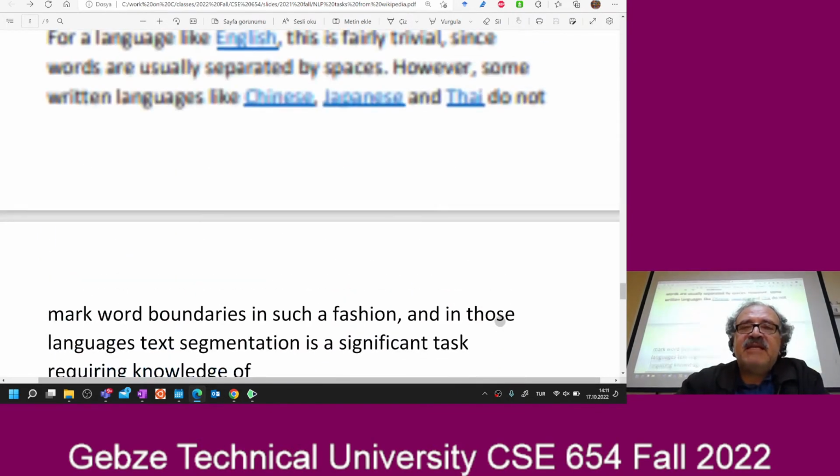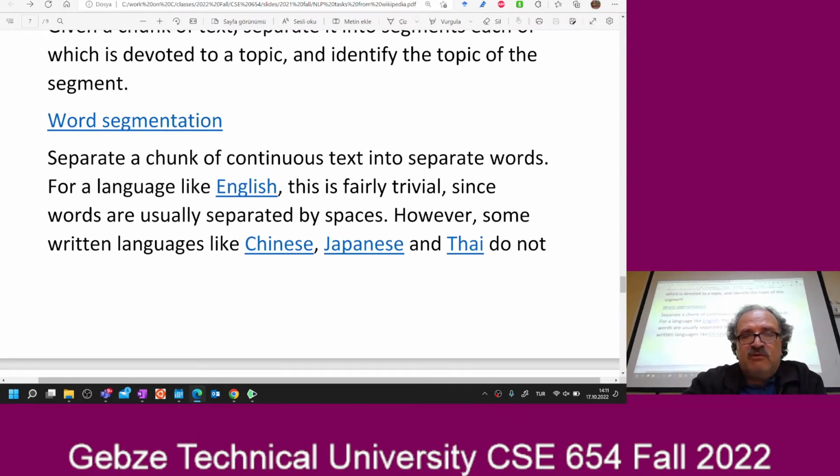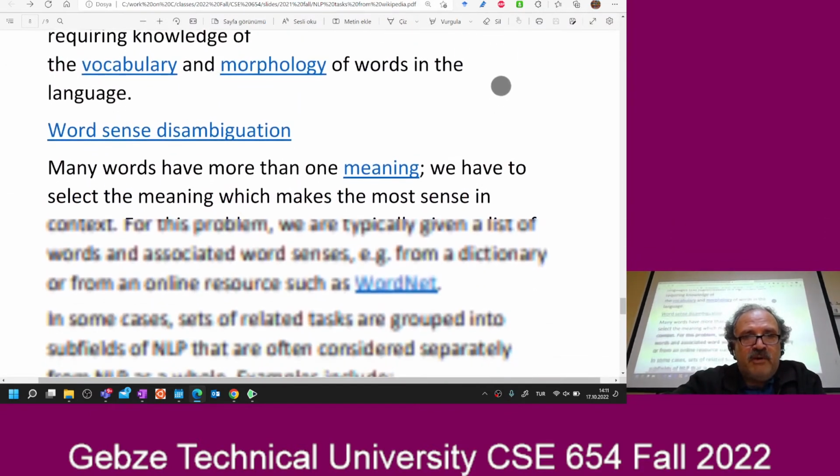Okay, so that's the word segmentation problem that doesn't exist for Turkish or English. And some people say that, okay, why don't we get rid of the spaces between the words for Turkish or English, and let's try to see if I can segment them out. It doesn't work very well for English or Turkish as it does for Chinese, because the language developed that way without word boundaries.